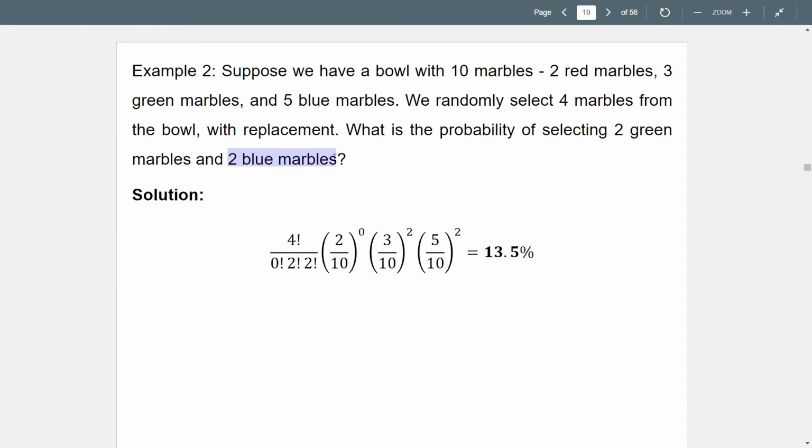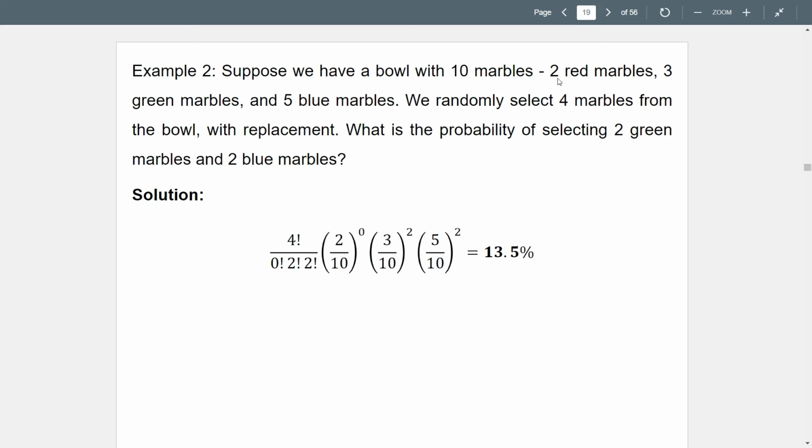2 blue marbles? So the number of trials will be 4. You're selecting 4 marbles randomly, and the successes will be 2 from green and 2 from blue. So n factorial all over n1, n2, n3.